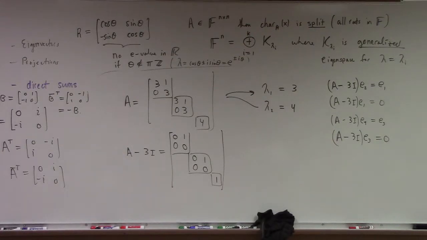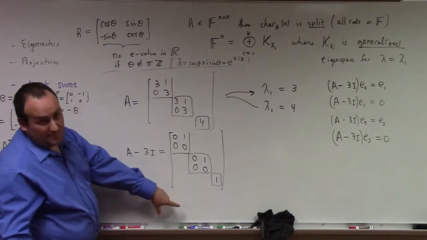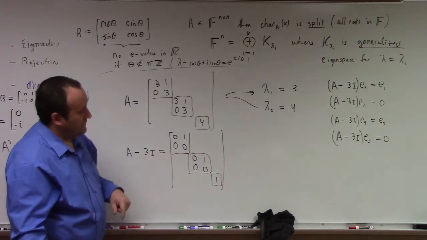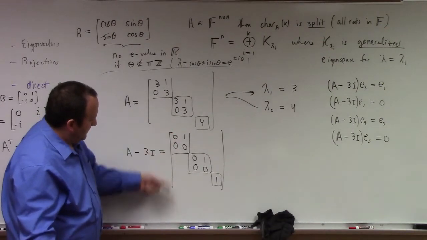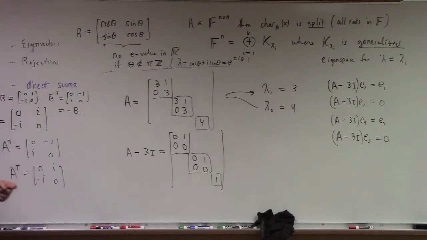That matrix times E2 is E1, right? The second column is E1. The fourth column is E3. And the fact that we have 0 columns in column 1 and column 3 speaks to the fact that E1 and E3 are eigenvectors, right?